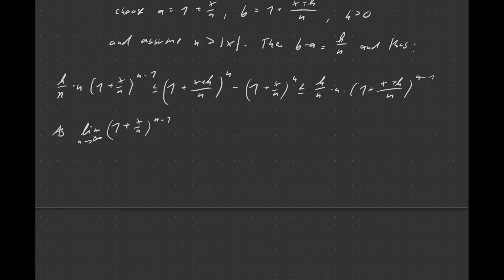And the trick here is pretty simple. What we want to do is write this as 1 plus x over n to the power of n. And of course, we cannot just do that. We have to divide by this factor here to be able to do that, or multiply by the reverse, and that's exactly what we're doing.